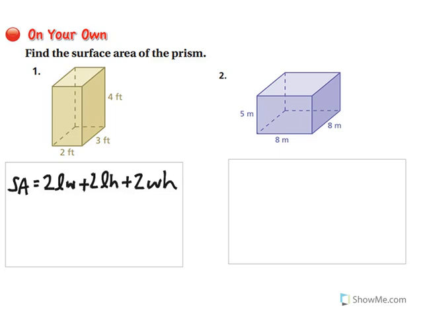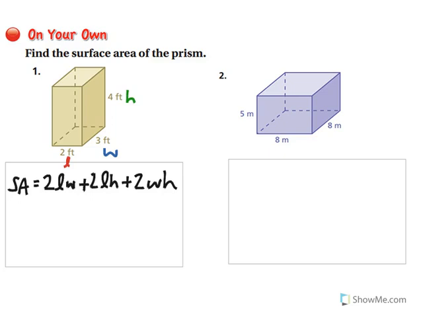Try to understand that we have three distinct rectangles, and each one of them has two dimensions. And I think the easiest way of looking at this is we have a length, a width, and a height. And then we can plug these in. Feel free to use different colors.